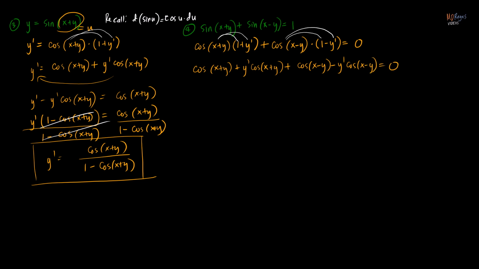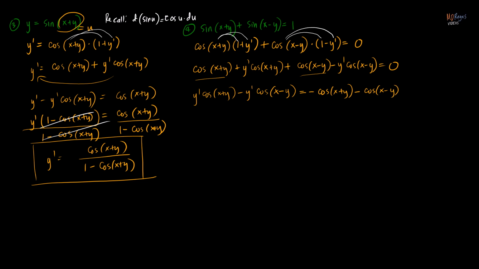And then we'll transpose these two terms to the right because they don't contain y prime. So y prime cosine of x plus y minus y prime cosine of x minus y will remain on the left side, and the other two terms will have negative cosine of x plus y minus cosine of x minus y.